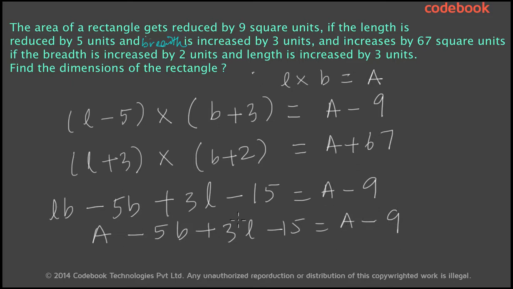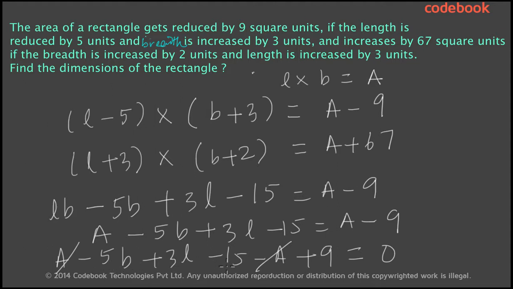So bringing A minus 9 to the other side, we have A minus 5B plus 3L minus 15 minus A plus 9 equal to 0. So minus A and plus A get cancelled out, right? And we have 3L minus 5B minus 15 plus 9, which is minus 6. So the equation that we have is 3L minus 5B minus 6 equal to 0.